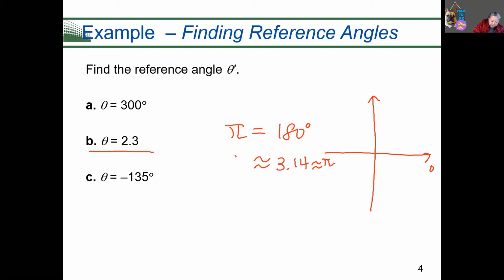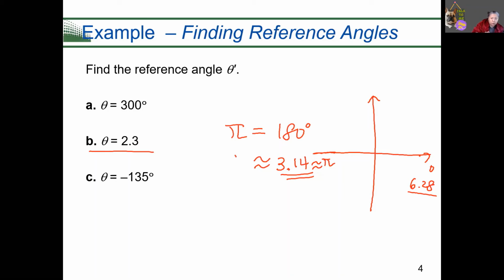Then if I go further and come back around here, how much is it? It's 2 pi. If I rewrite that as 3.14, it's twice 3.14, which is around 6.28. So this is about 3.14 here, and this is about 6.28, right?